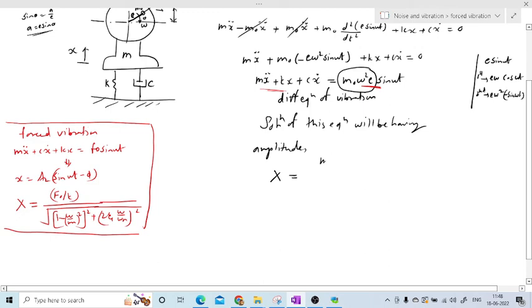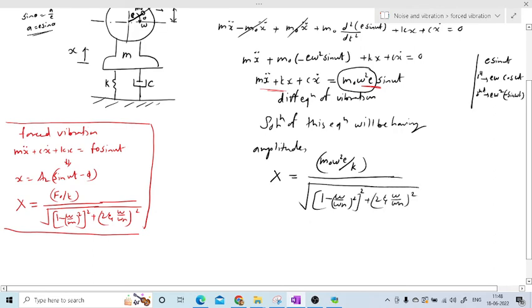So this will become m naught omega square e divided by k, divided by root of 1 minus omega by omega n whole square, plus 2 zeta omega by omega n whole square. Okay, so this will be the final answer, and this is the amplitude of vibration.